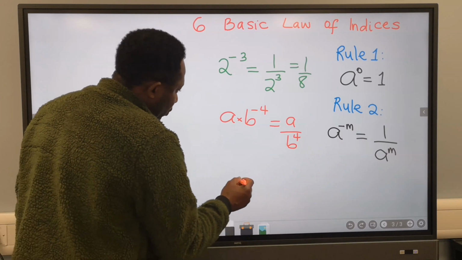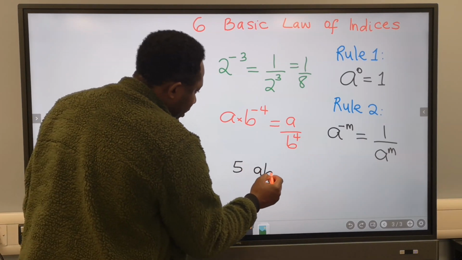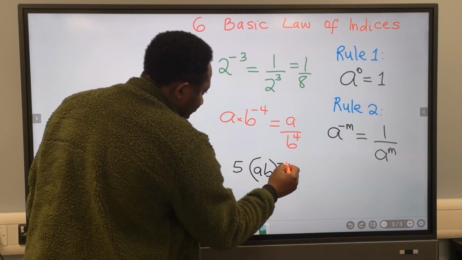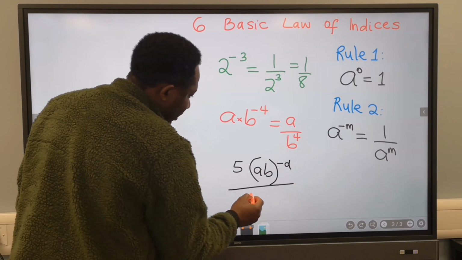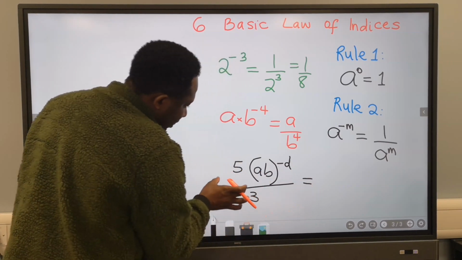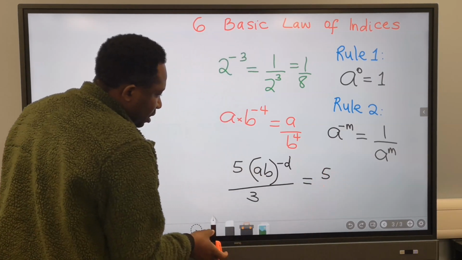According to this second rule, if I have 5a, b in bracket, all to the power of minus d, divided by 3, this rule states that this 5 will be at the numerator.